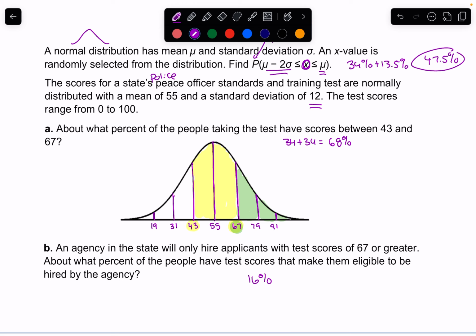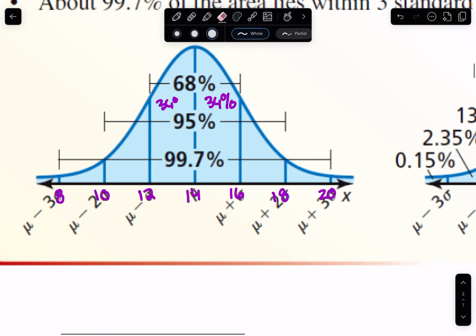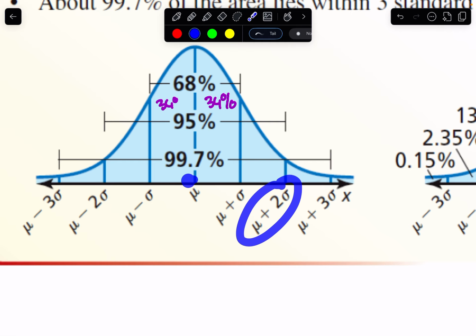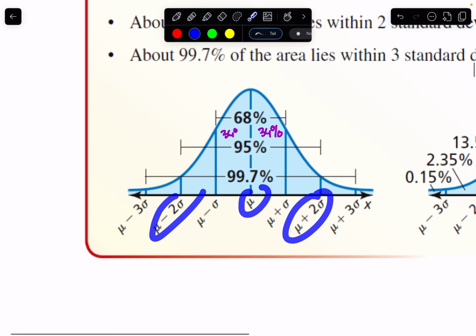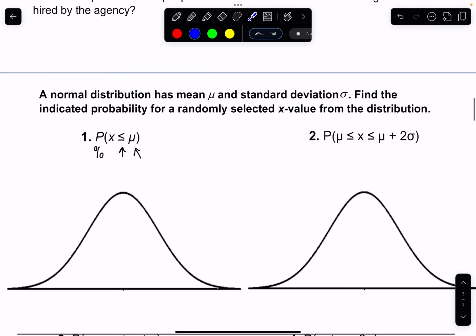I like these questions when there's actual numbers involved, because then you're not dealing with these symbols at the bottom. I'm not dealing with mu minus 3 standard deviations and mu plus 2 standard deviations. Like, I'm not dealing with symbols. I'm dealing with actual numbers. But a lot of times the questions ask you using symbols.